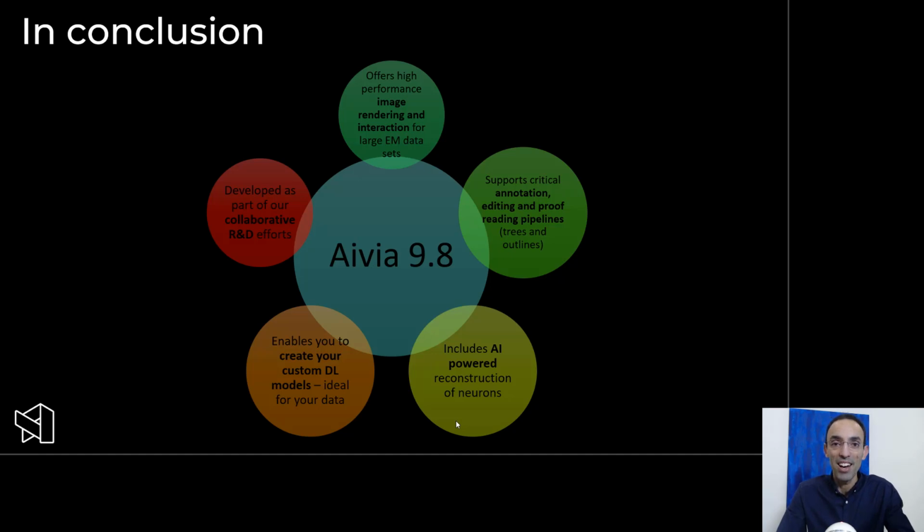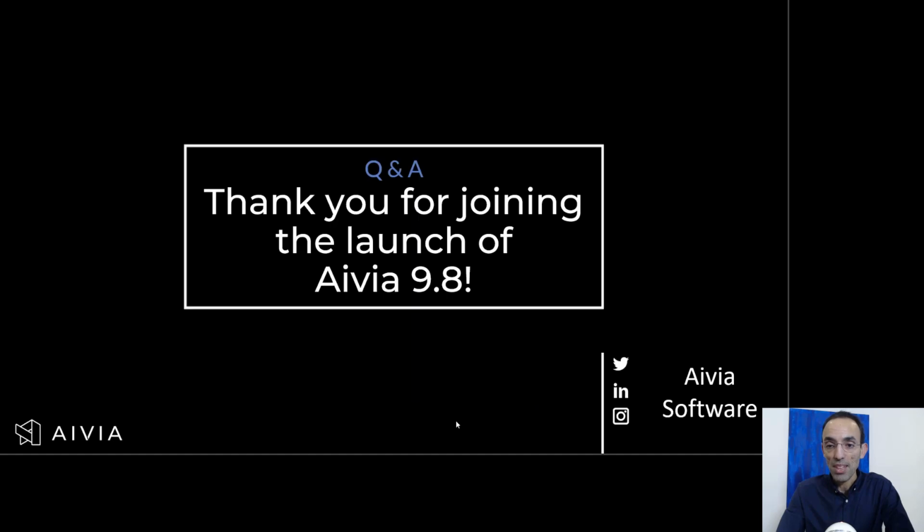And we take that feedback very seriously and try to either fix the bugs or create the functionality that is being requested of us. So thank you very much for that input. So in summary, this is what we are presenting today, Aivia 9.8. And I thank you for participating in this session.